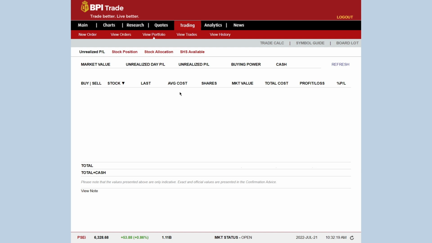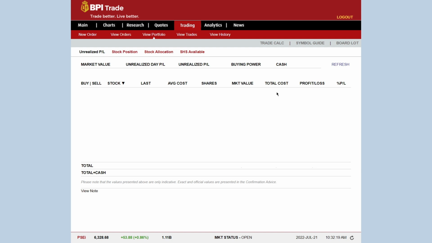So for example, your average cost for a stock is around 5 pesos per share. And here, the total shares you have is indicated. Then market value is the current market value of your stock if you sell it now. So for example, if your profit and loss is already 100k, and you invested 1 million, the current market value of your investment is 1.1 million.